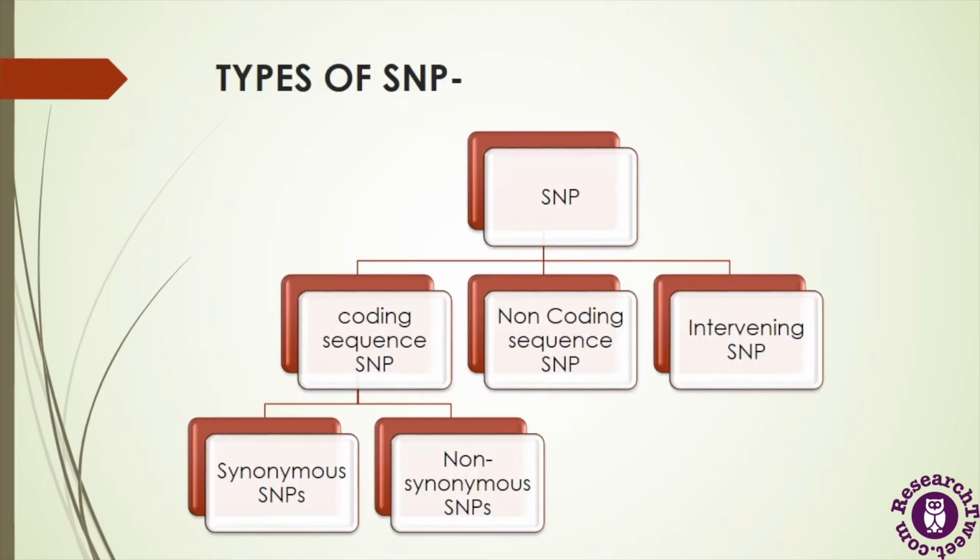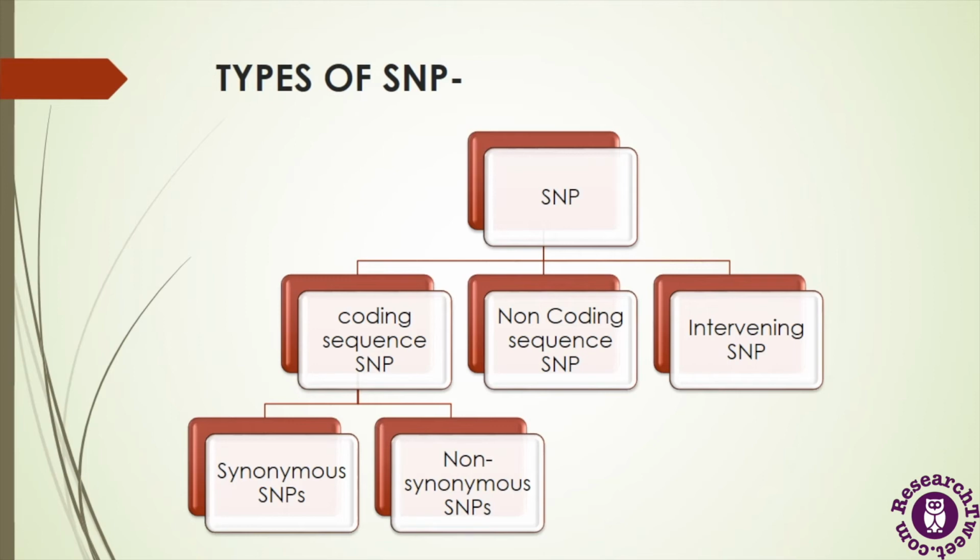Now let's understand the types of single nucleotide polymorphism. SNPs can occur in any position of the gene, including coding sequences as well as non-coding sequences. Previously it was believed that SNPs in non-coding sequences cannot affect any function.